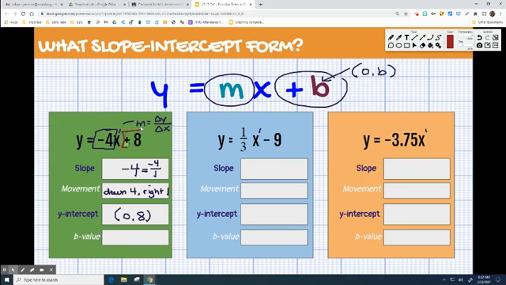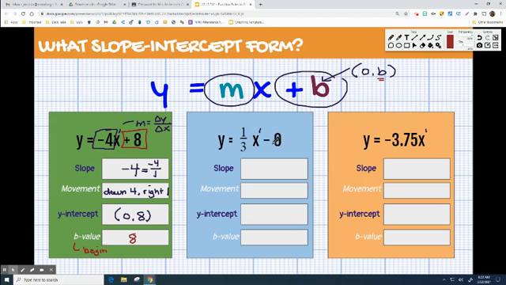So there is my constant term, which is the y coordinate of the y-intercept. So my y-intercept is 0, 8, and my b value is just 8. Remember that b stands for beginning location on my y-axis.